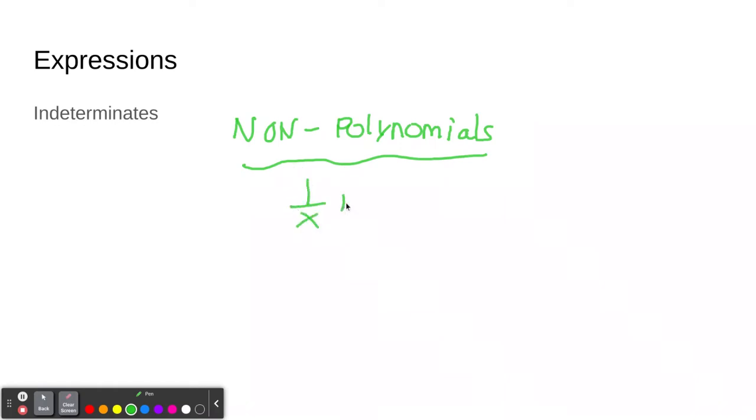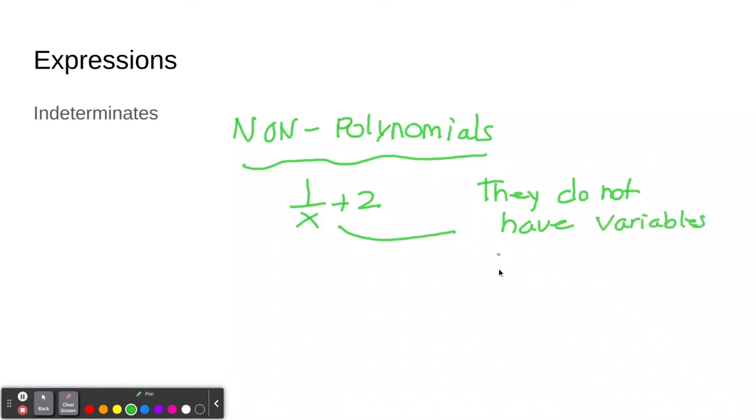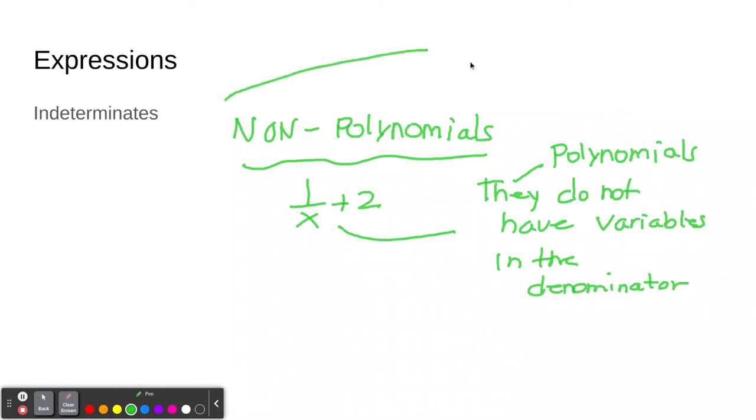So if you see 1 over x plus 2, that x is in the denominator. Polynomials do not have variables in the denominator. But here you see it, so it's a non-polynomial.